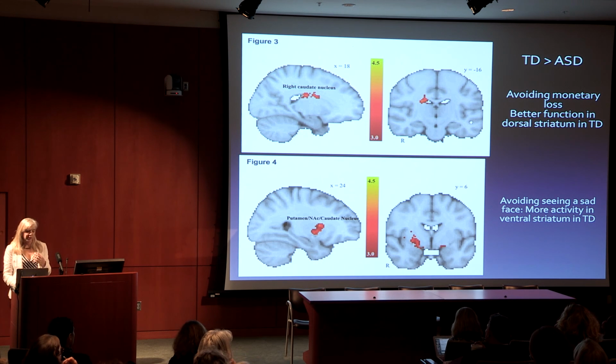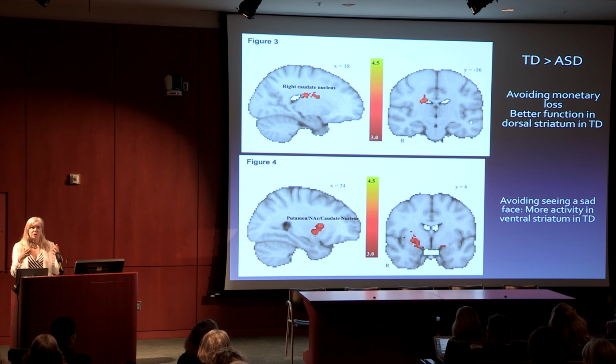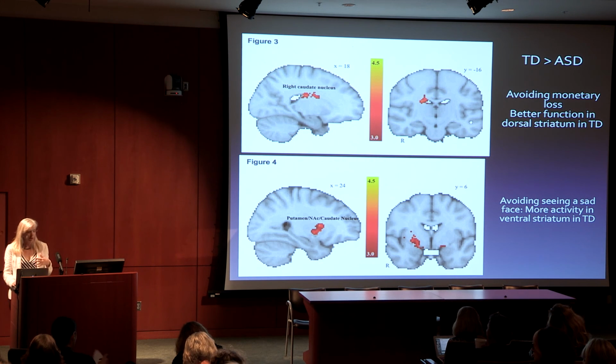Likewise, in the more ventral parts of the striatum that you see over here, in avoiding seeing a sad face, again, the typically developing kids show more activity in this reward center when they successfully avoided a negative outcome compared with the children with ASD. So it suggests that it's not just that this area is responding badly to positive rewards, but it's also not responding well to avoidance of negative outcomes, and particularly negative social outcomes. The children simply weren't responding as well to those negative social outcomes.